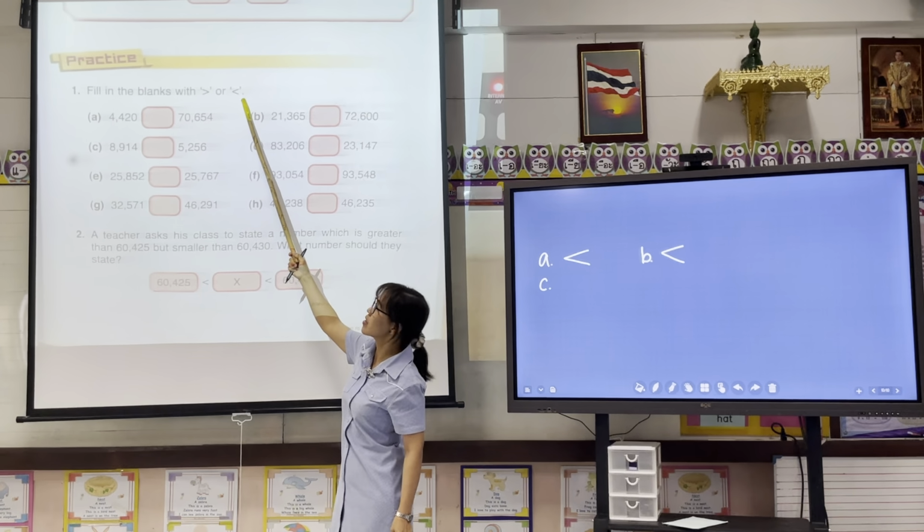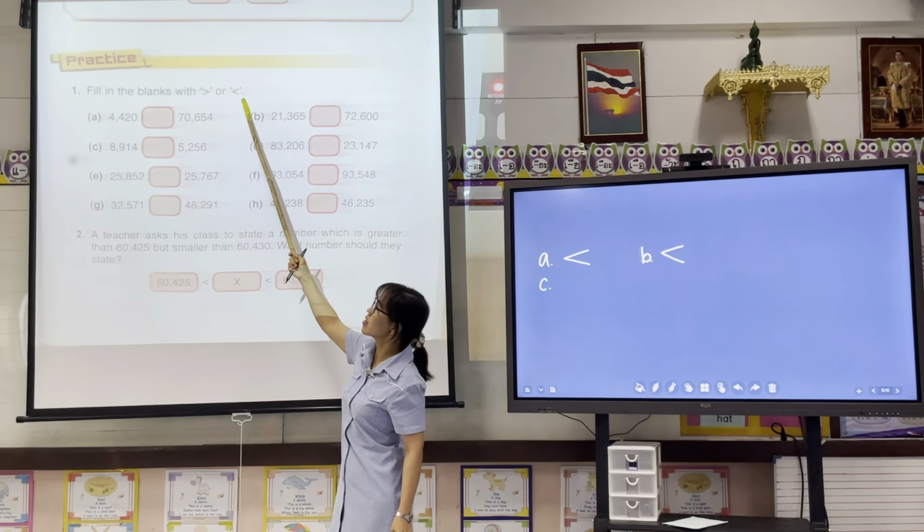Alright. Letter D. Can you please compare 83 and 23? Or 8 and 2, which is greater? Of course, 8. Open the mouth to the bigger number. So D is greater.